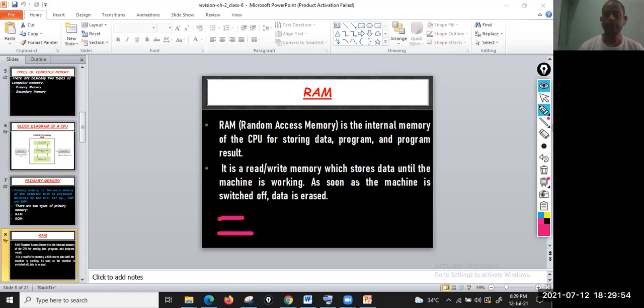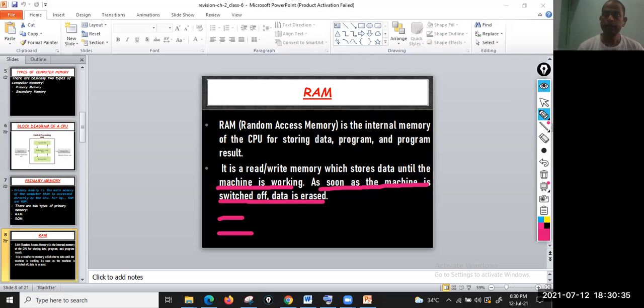It is read-write memory, which stores data until the machine is working. As soon as the machine is switched off, data is erased. This is a temporary memory, volatile memory.